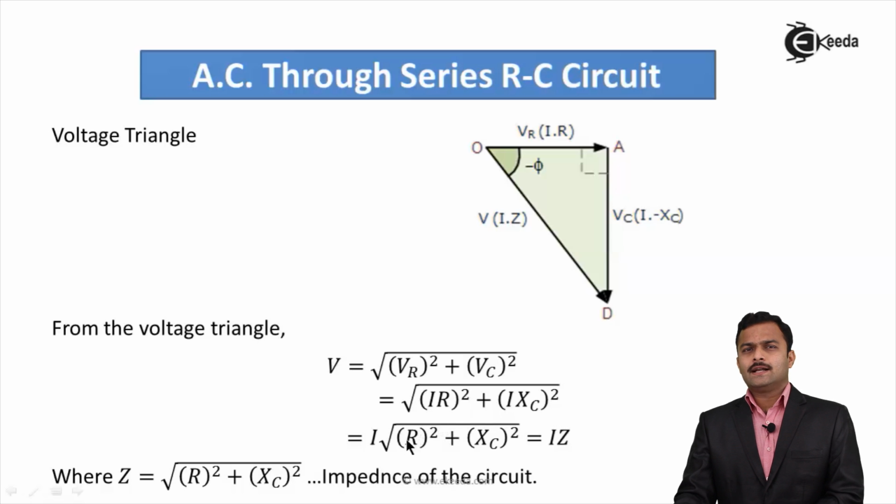So if I calculate V, I will get I into root of R square plus Xc square, which I denote as I into Z, considering Z as root of R square plus Xc square, which is nothing but the impedance of the circuit. So whatever discussion we have done for the series RL circuit, the same will be true for the series RC circuit also.